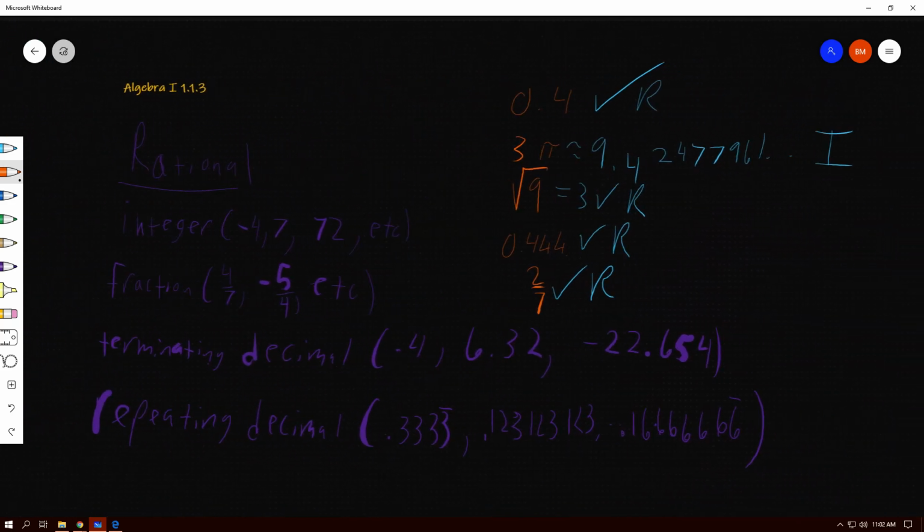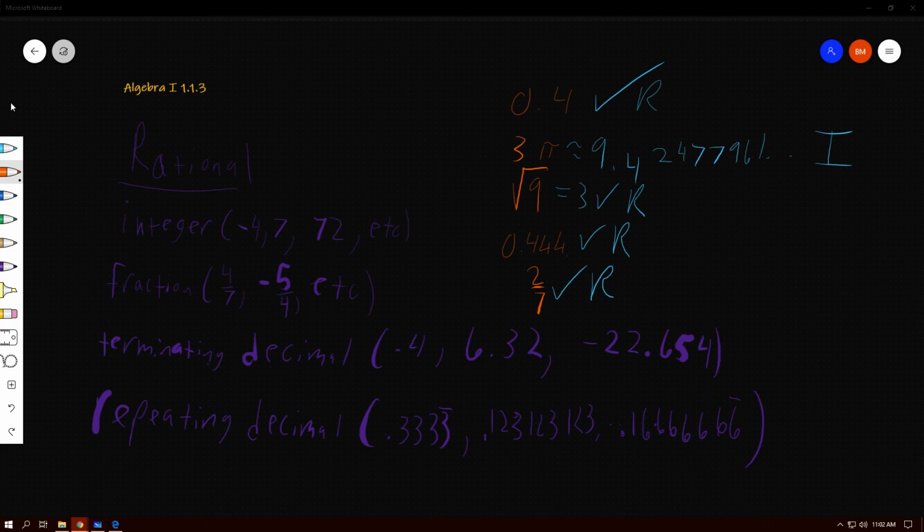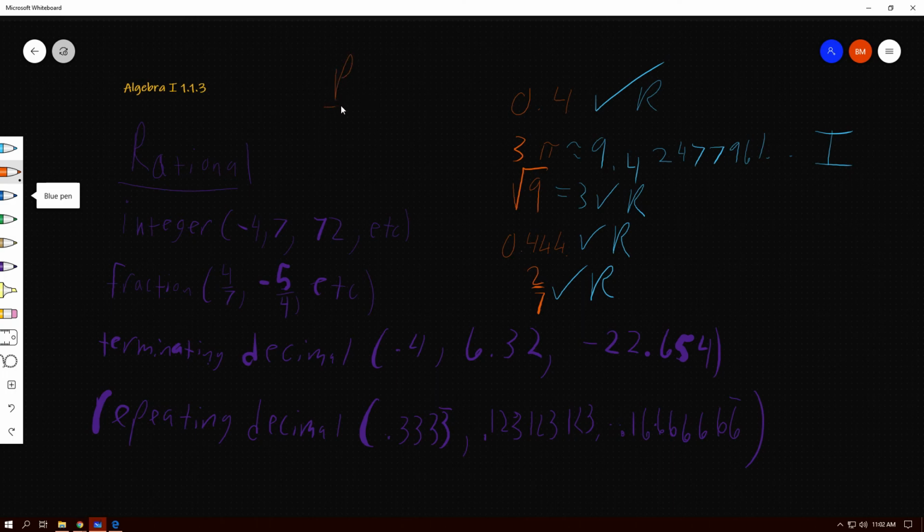Now, the actual definition in Apex, just to cover, because I think there probably will be a quiz question on this, is that they'll use P and Q. They'll say a rational number is any number that can be written as P over Q, which is a fraction, right? Because an integer, terminating decimal, and repeating decimal can all be written as a fraction.